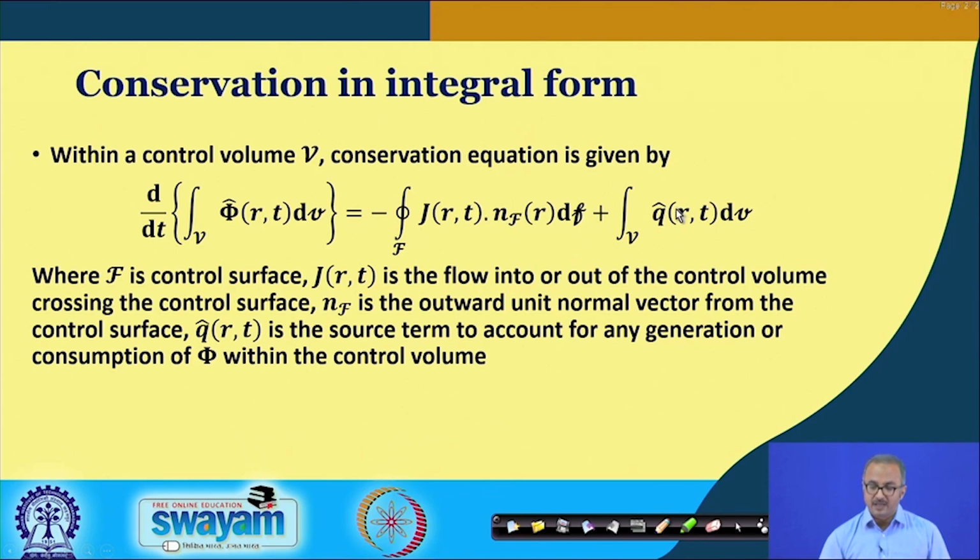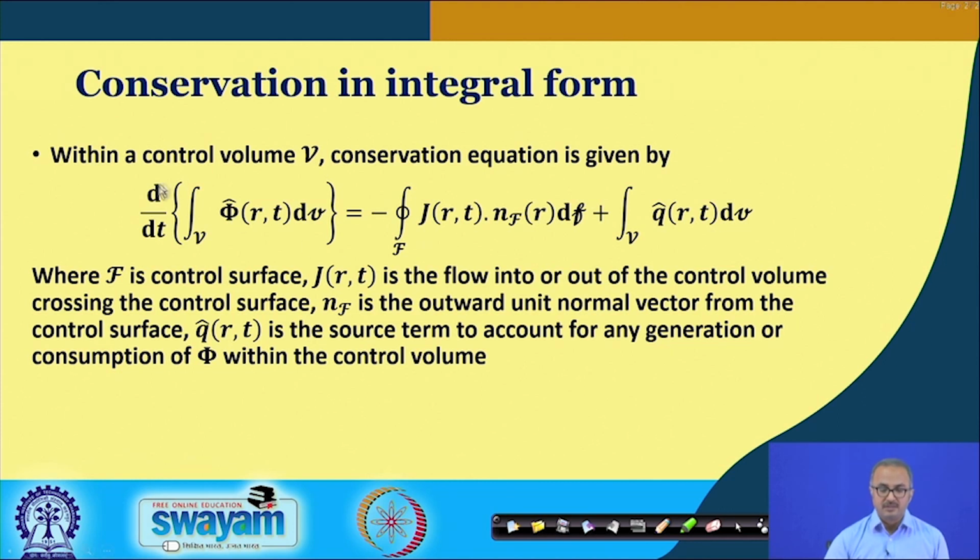The last one is the source term to account for any generation or consumption of this property within the control volume. For example, in case of mass balance or mass conservation, this Q will represent some kind of reaction that might be either consuming the species or generating the species.